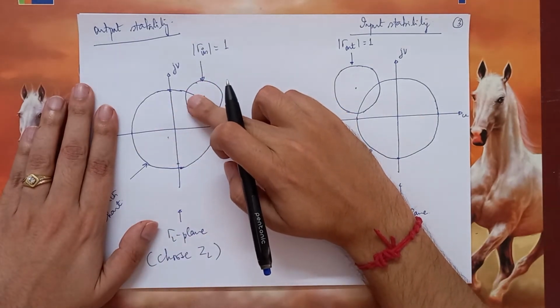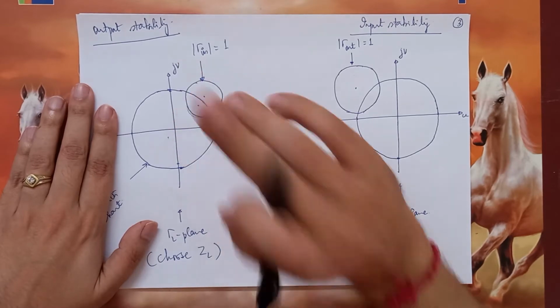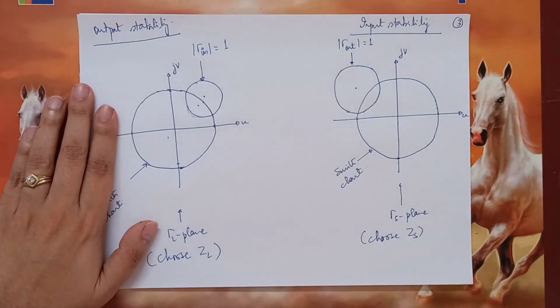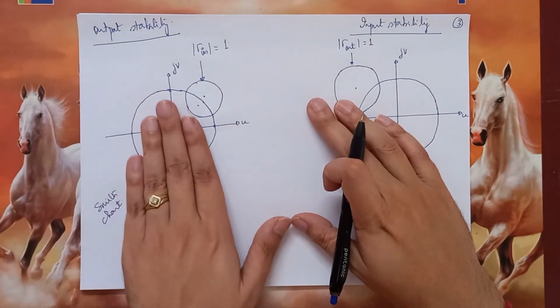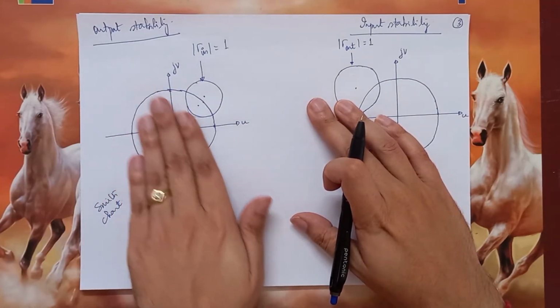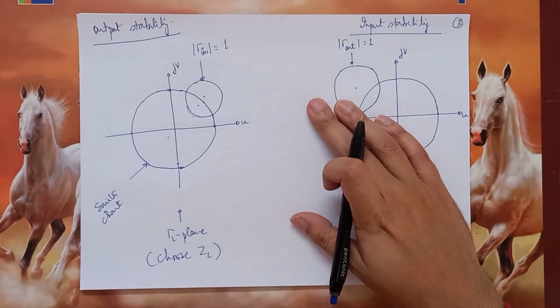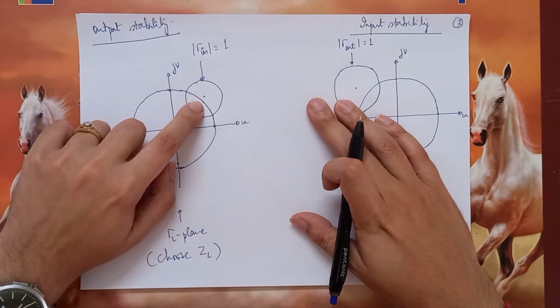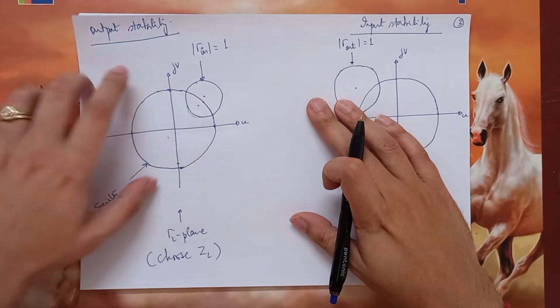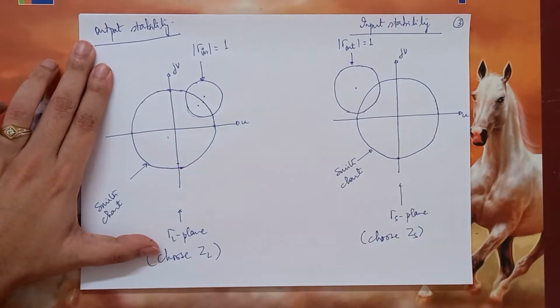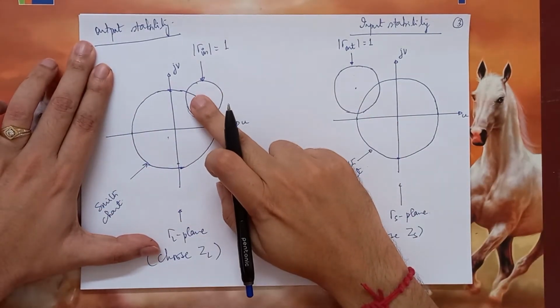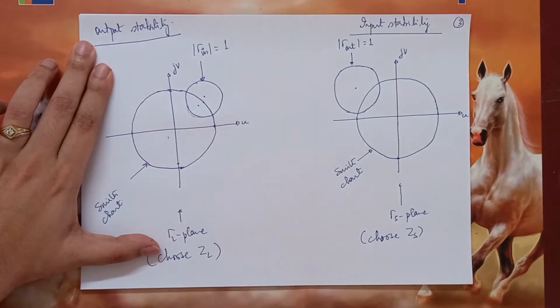One side of the circle will indicate gamma in is less than 1. The other side of the circle will indicate gamma in is more than 1. We do not know which is which. So let us say it may be possible that this part of the Smith chart may indicate gamma in is less than 1, whereas this part may be gamma in is more than 1. The converse can also happen. We do not know. So how do we know that?